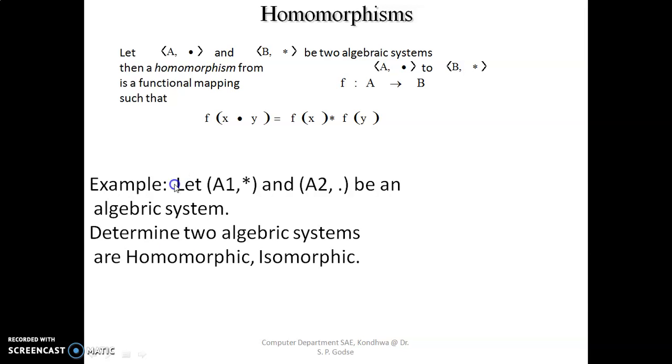Example: A1 is one algebraic system with the operator multiplication, and A2 with the operator dot, is another algebraic system. Determine whether the two algebraic systems are homomorphic or isomorphic.